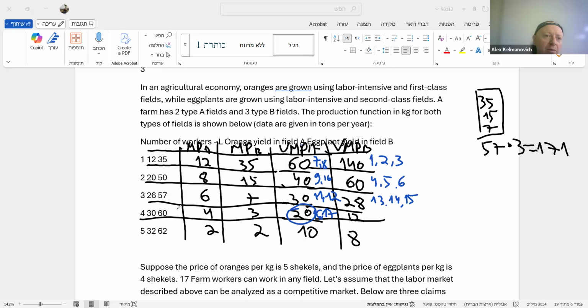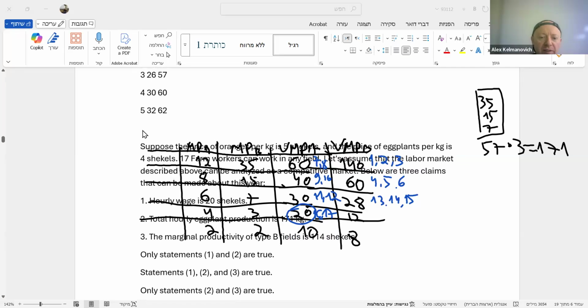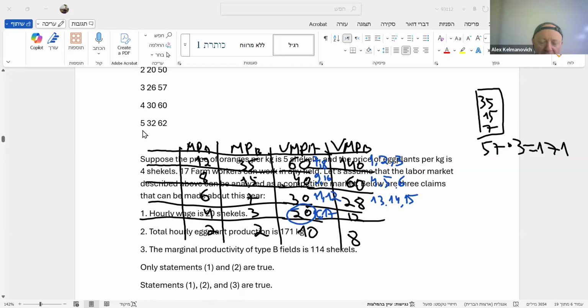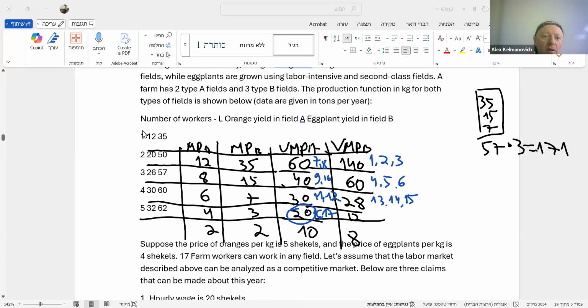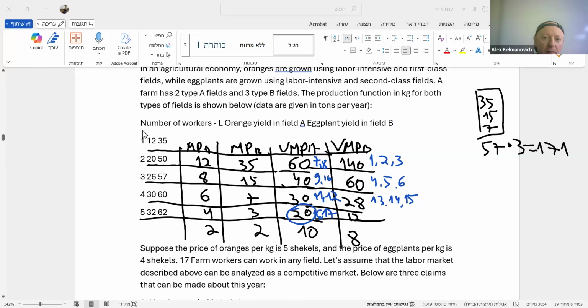And statement number 3 says that the marginal productivity of field B is 114 shekels. Okay, so let's check it.